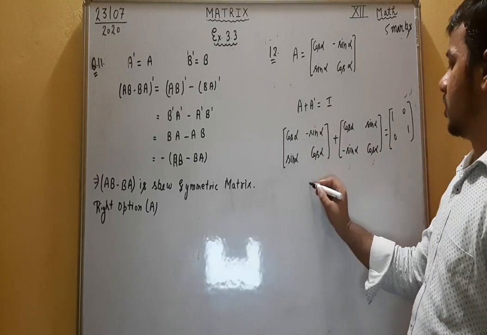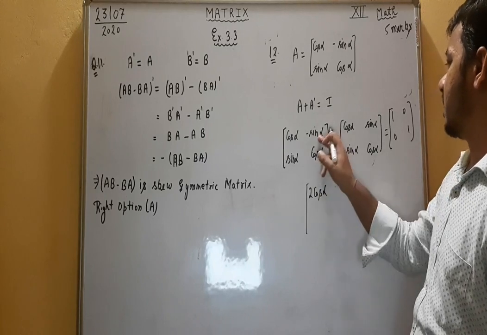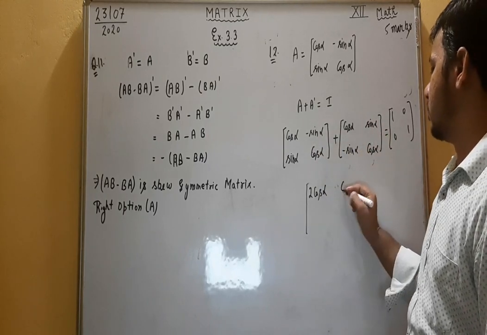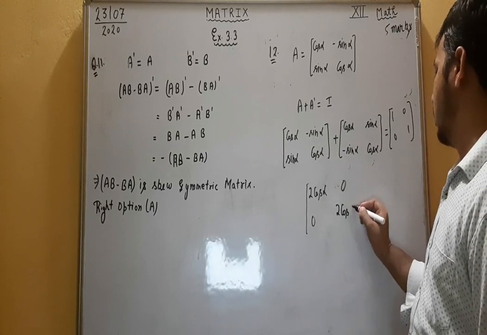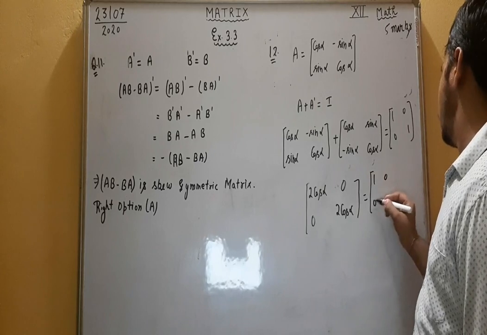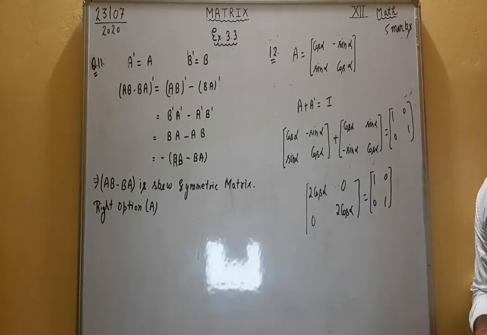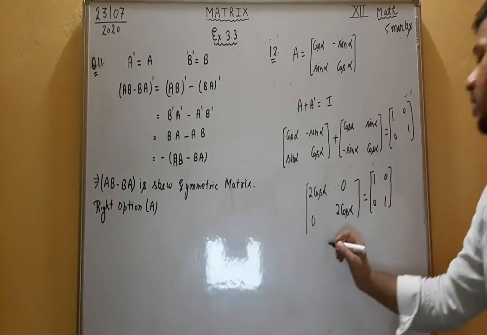Cos alpha कितना हो जाएगा बेटा? 2 cos alpha, and minus sin alpha and sin alpha cancel out, so it becomes 0 0, and 2 cos alpha. Now use the concept of equality of two matrices. Two matrices are equal when the corresponding entries are equal. Its first entry is 2 cos alpha, its first entry is 1.